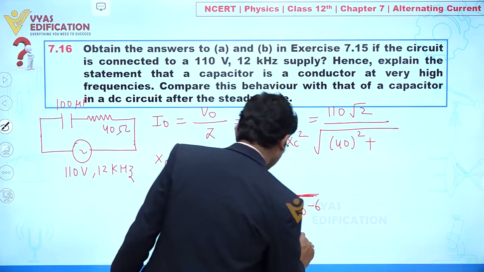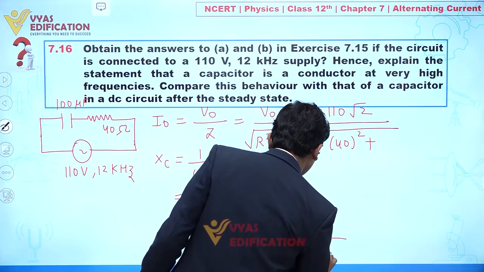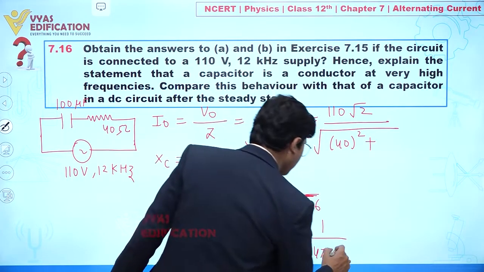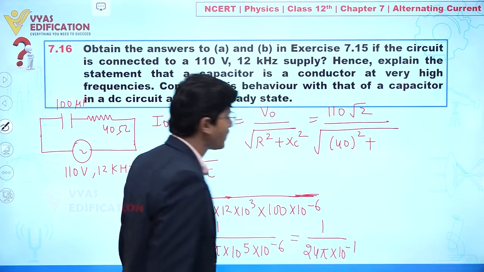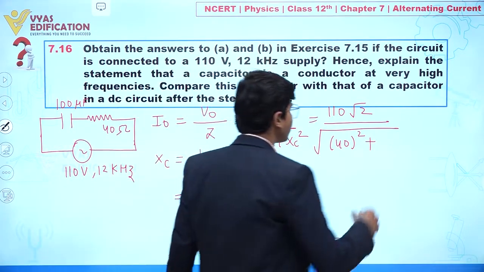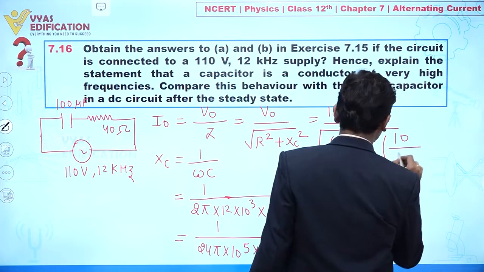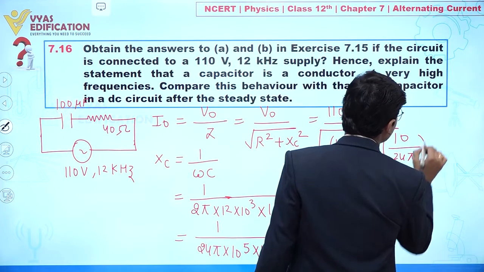So from here we can see this is given by 1 upon 24 pi multiplied by 10 to the power minus 1. Now if you write it, this is 10 divided by 24 pi whole square.